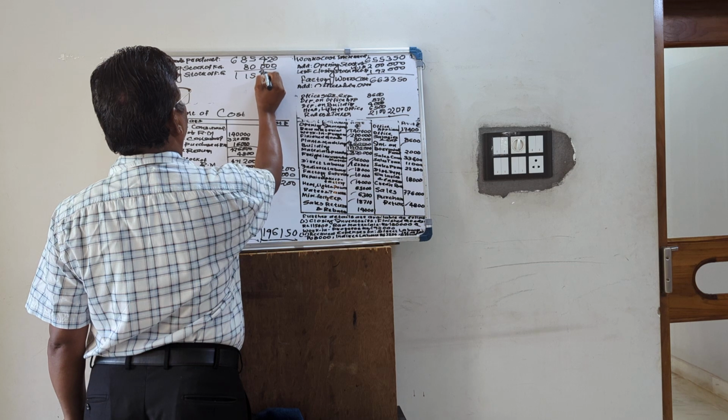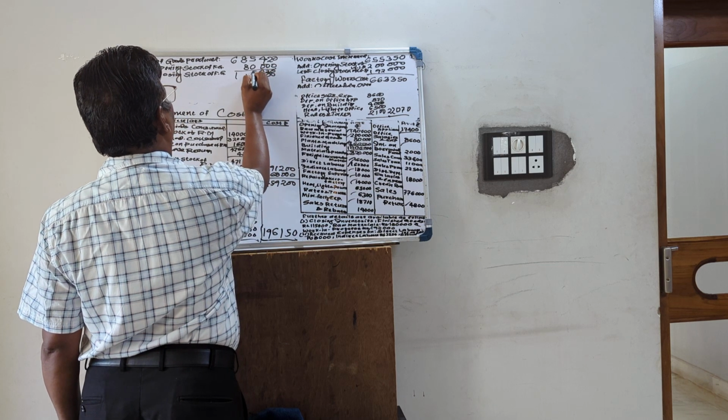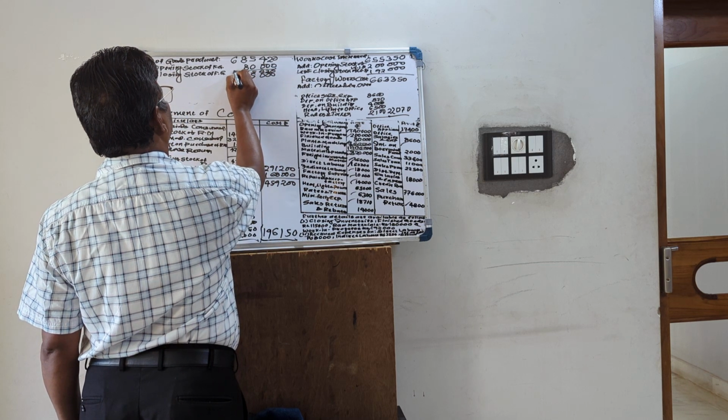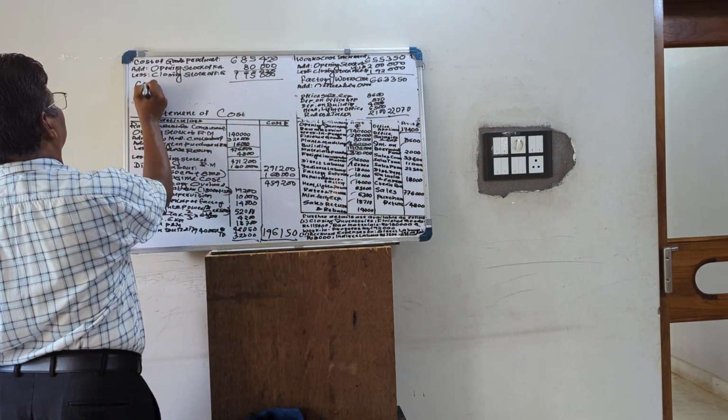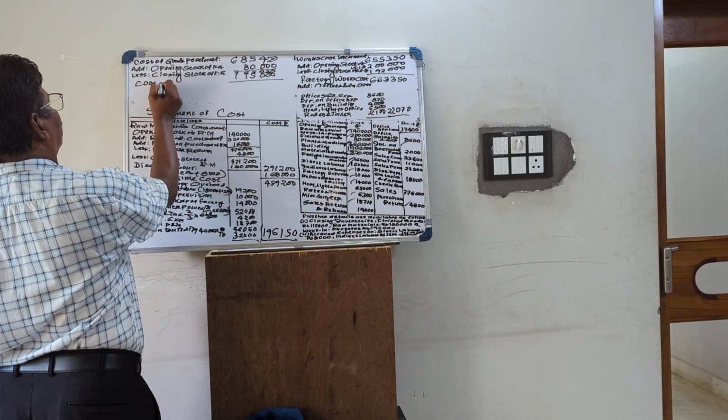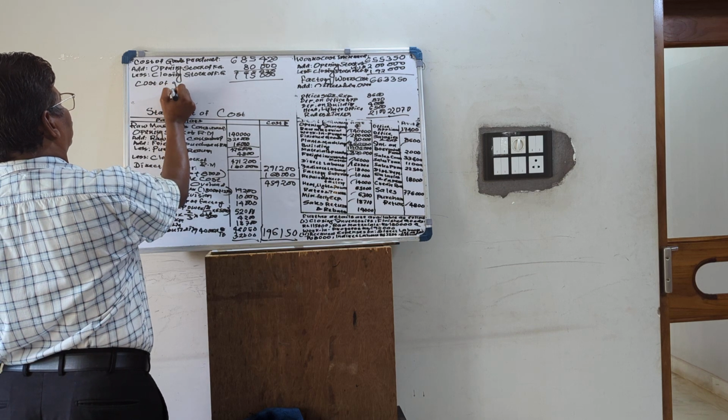Then we deduct. This is cost of goods sold.